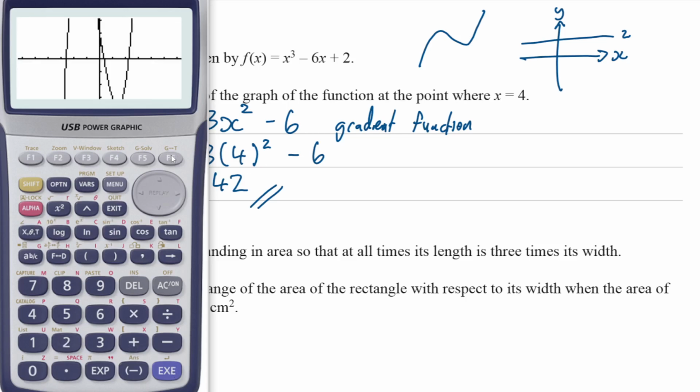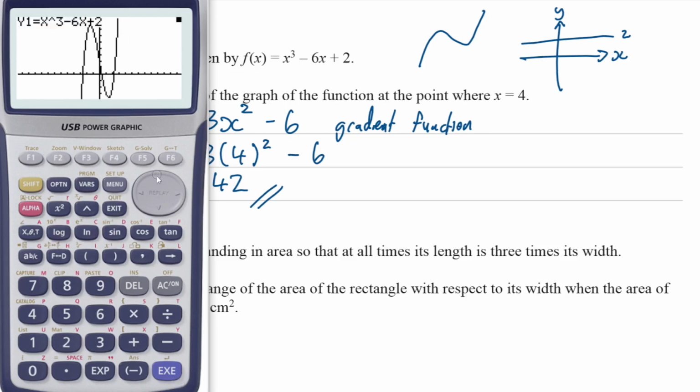We can hit draw, and as we expect, it is a positive cubic. So that looks good. Now we can hit F1, which is trace, and see how it gives this x and y value. It also gives dy by dx. Now that is the derivative.